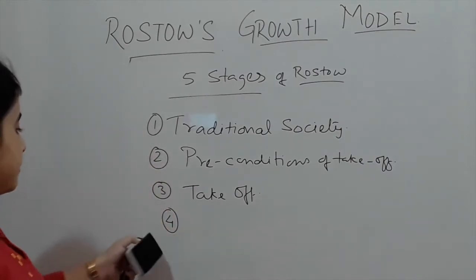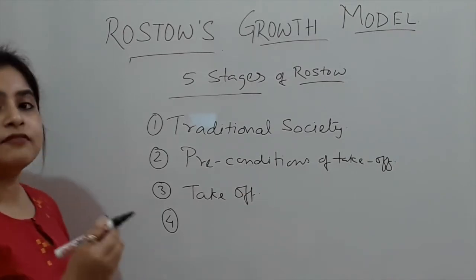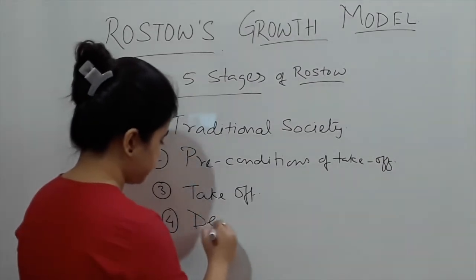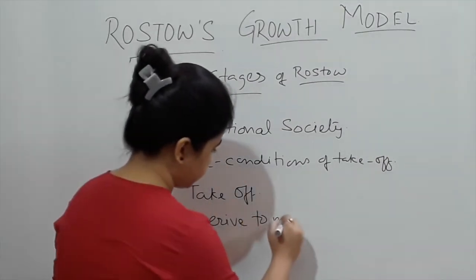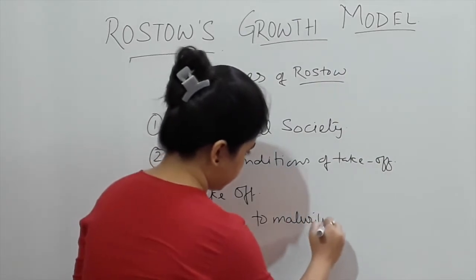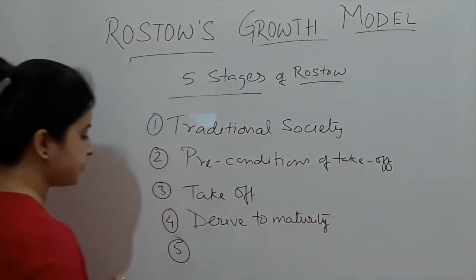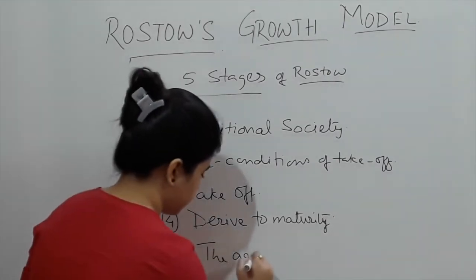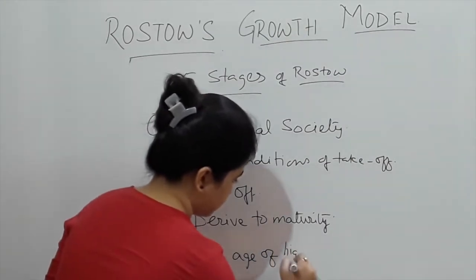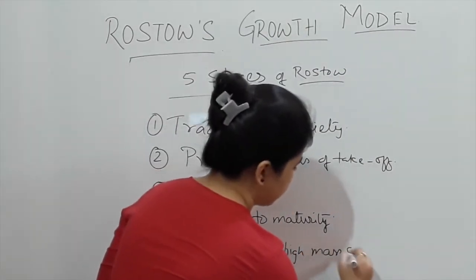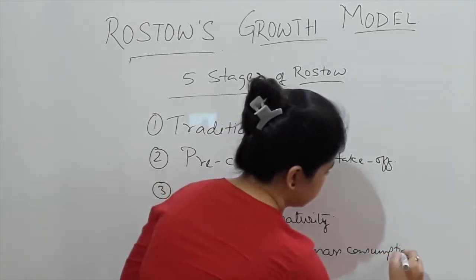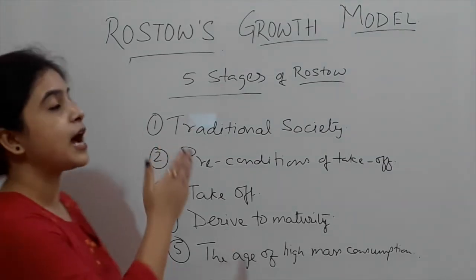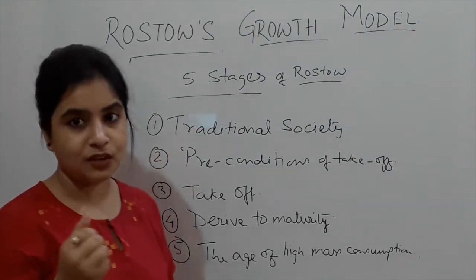Number 4 is the drive to maturity. And finally, the 5th stage is the age of high mass consumption. So these are the 5 stages into which Rostow has divided the process of economic growth.